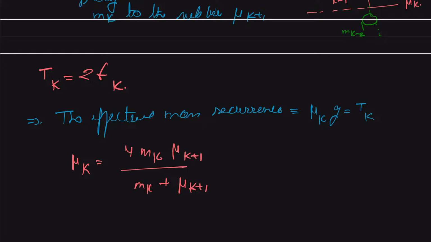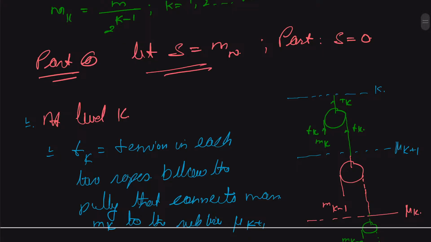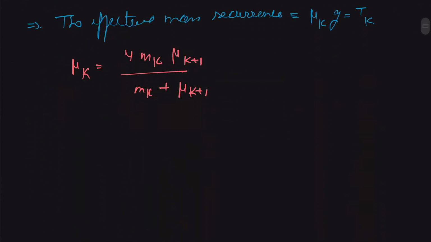This is nothing but a recurrence relationship. And so let us consider option number 1, that the value of s is equal to m of n. Option part A. So in part A we have assumed that s is equal to m of n.